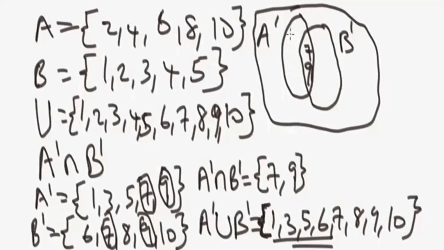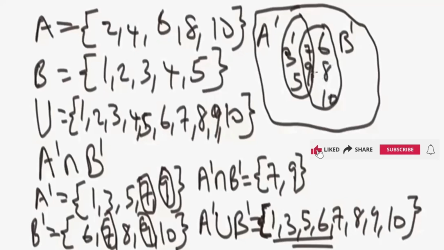For A complement, the remaining values here are 1, 3, and 5; 7 and 9 are already here. In B complement, we have 6, 8, and 10. So this is how you represent it in a Venn diagram.